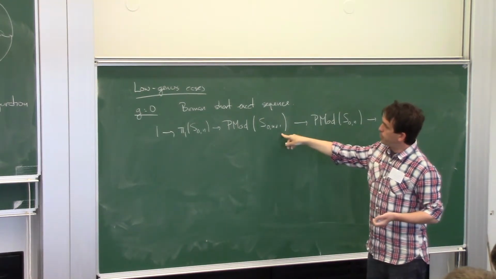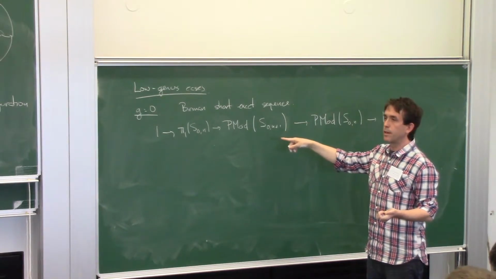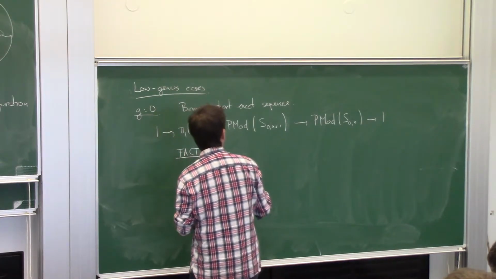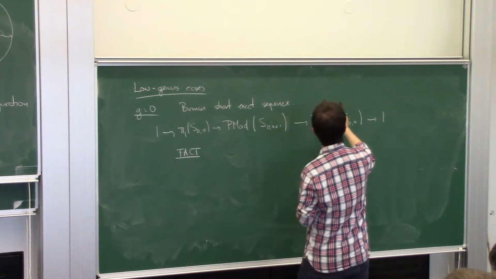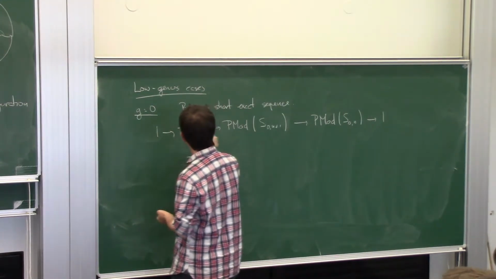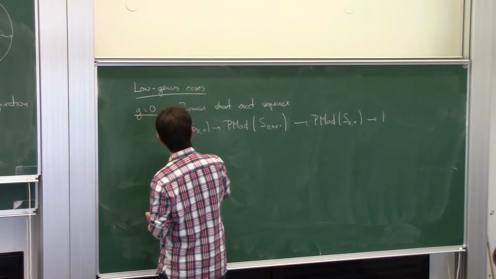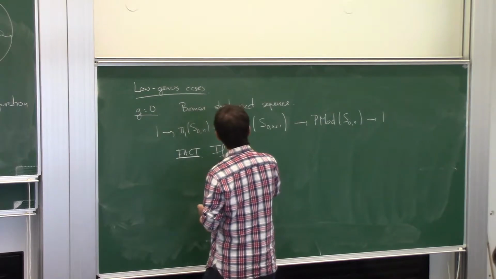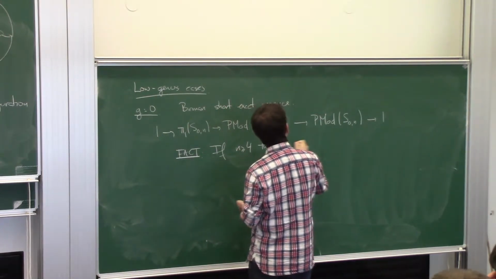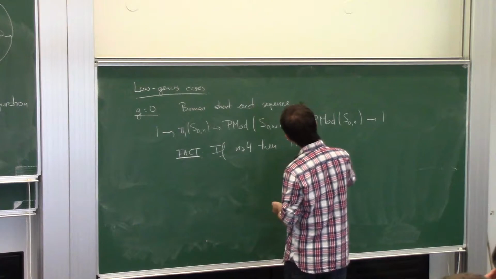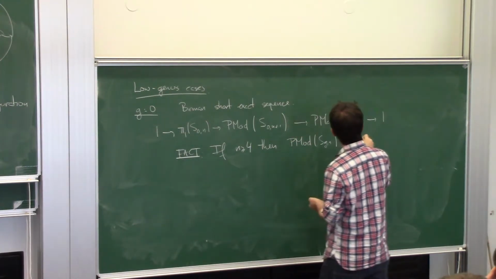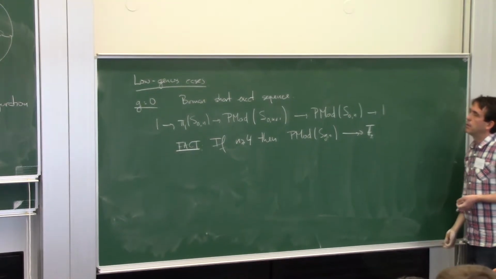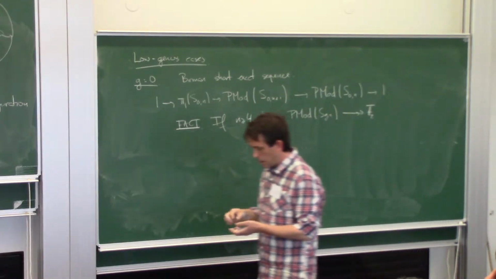So PMod(S_0,4) is a free group on 2 generators. If n is at least 4, then PMod(S_0,n) surjects onto a free group. Okay? Right. So it really doesn't work.